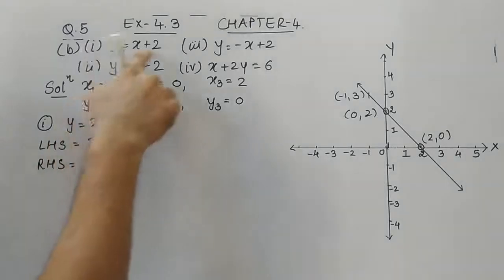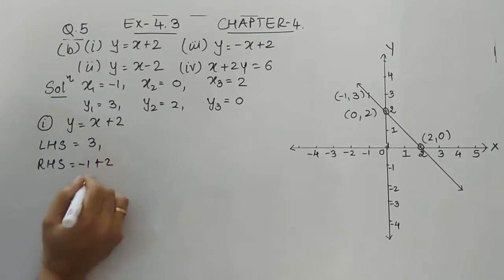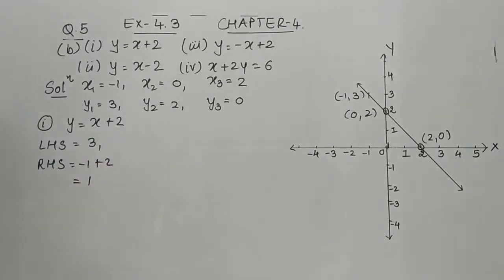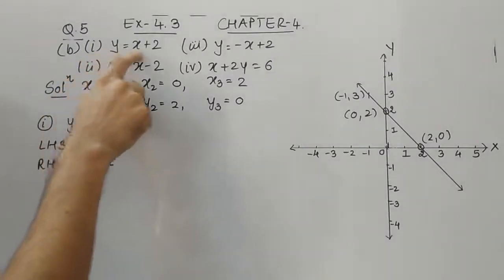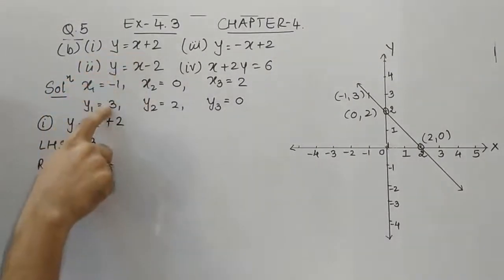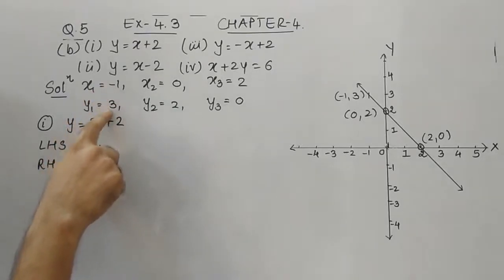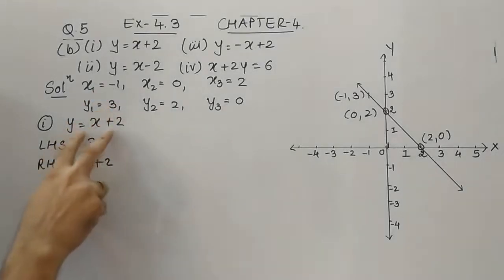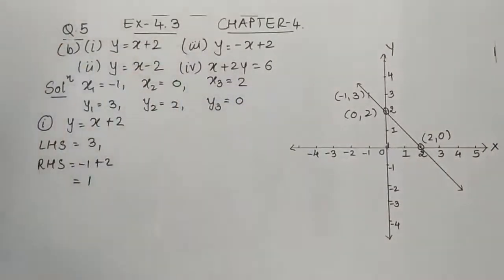It is x plus 2. x is -1, plus 2, so that comes to 1. So you can see here this cannot fulfill this equation. x is -1 and y is 3, this is not a solution of this equation. So this graph is not of this equation.